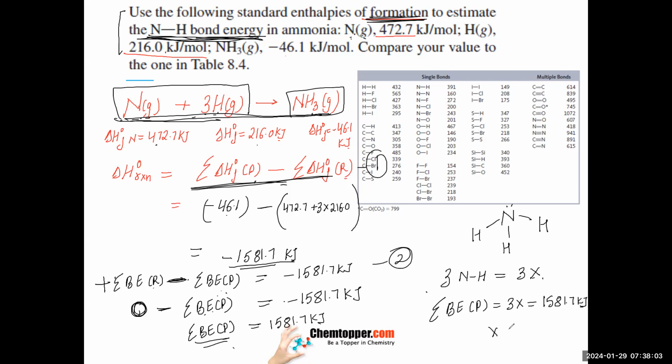So what is X, children? What is X? 1581.7 divided by 3. How much is this? You're dividing it by 3, right? How come you're getting this answer? Dhruv. Yes, girls, Lasya, what's the answer here?